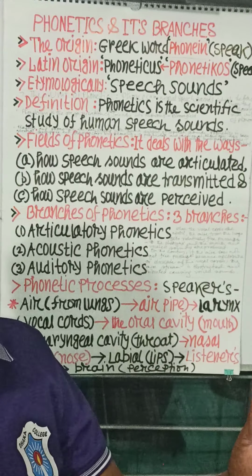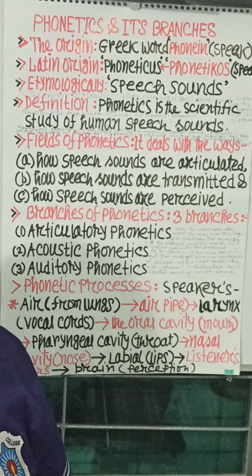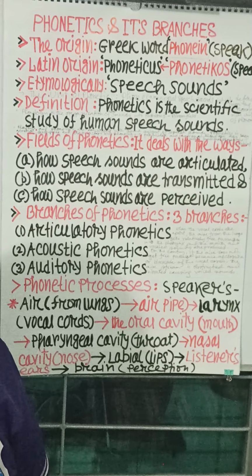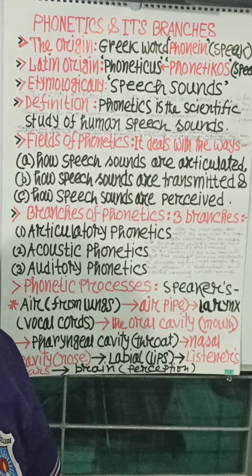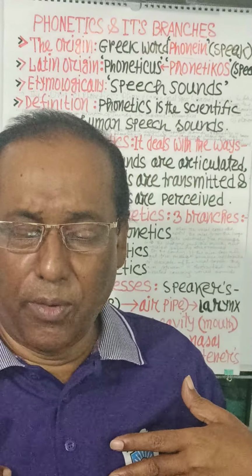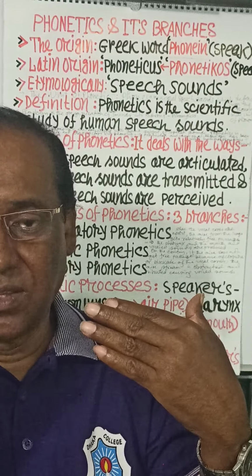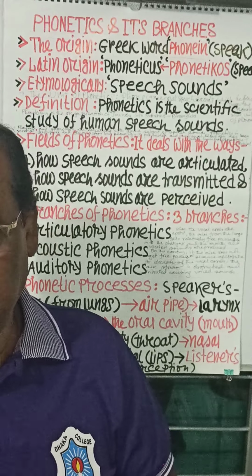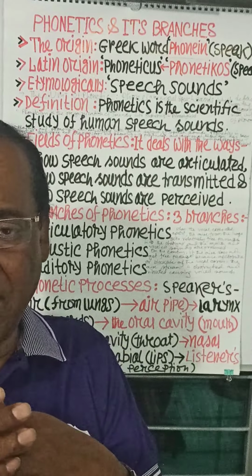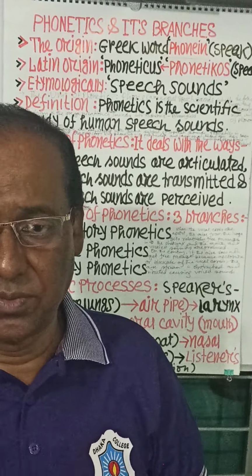Now I want to mention how speech sounds are produced. The air which is released from our lungs passes through the air pipe and at last reaches the vocal cords.